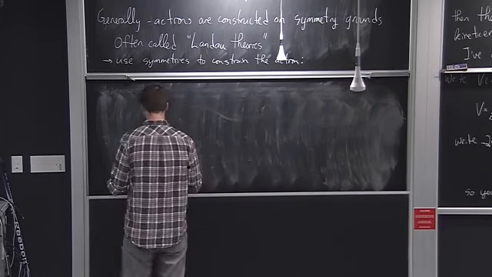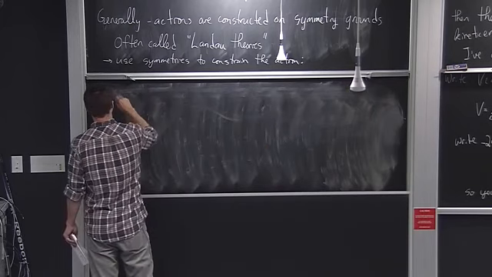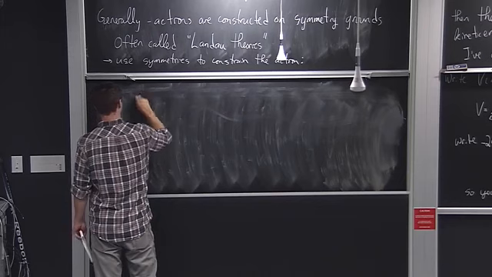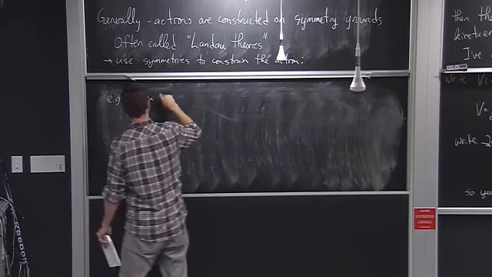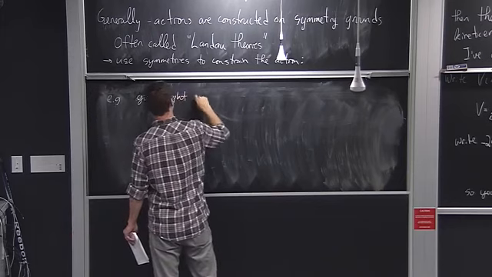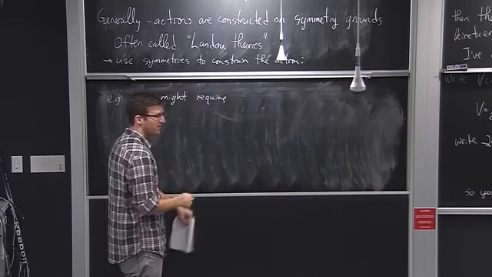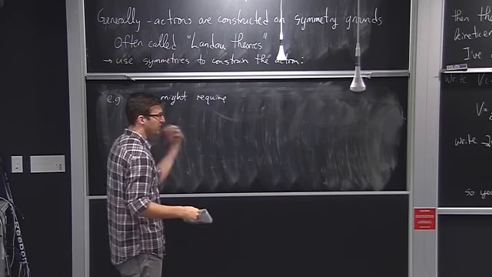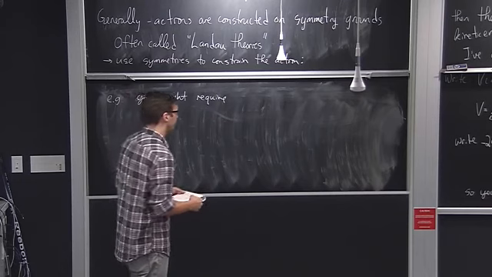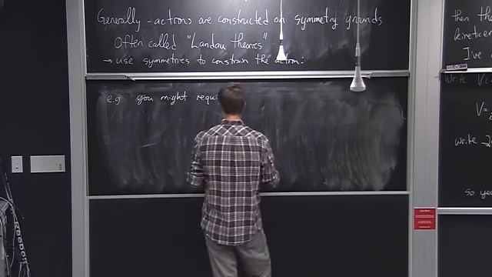Field goes to minus field. So you might know something about your system, just the fact that maybe there's no magnetic field and your Hamiltonian has a certain symmetry, like a time reversal symmetry.